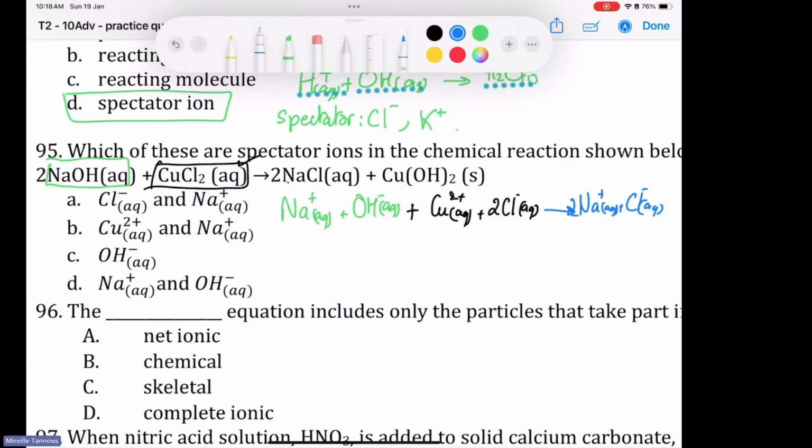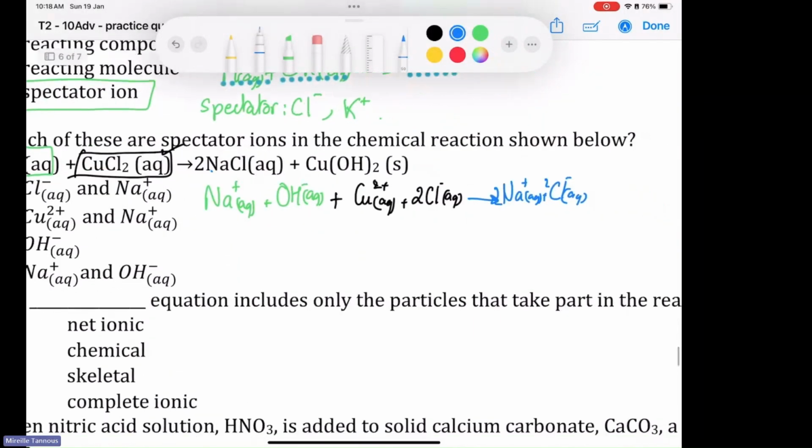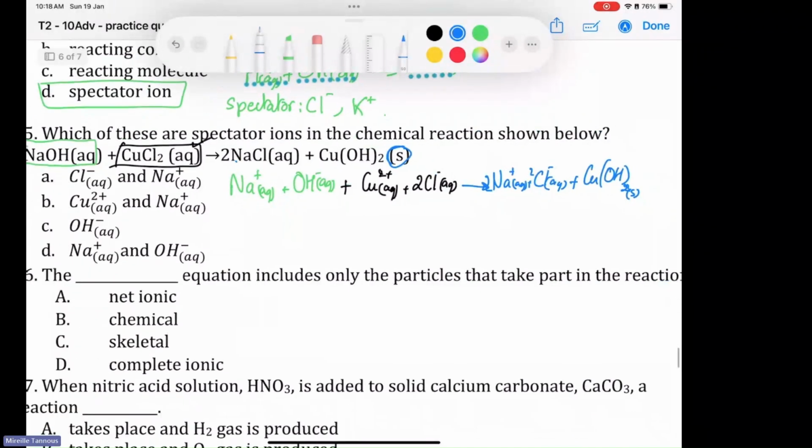There's a 2 here. And Cu, this is solid. I cannot split. Okay? This one, still the same. And this one, still the same.